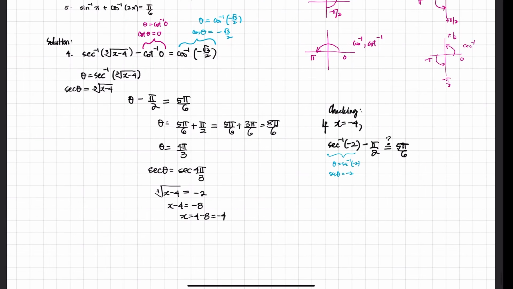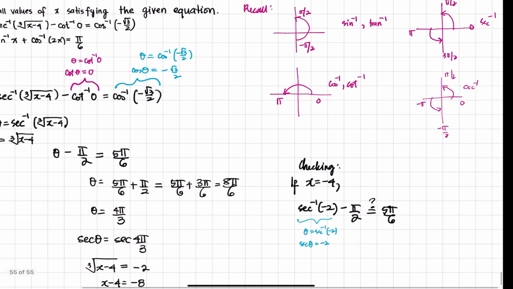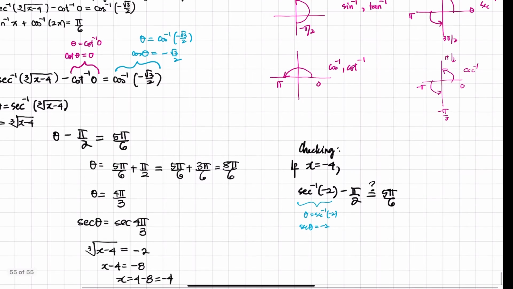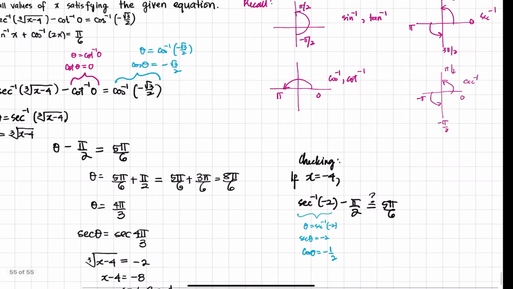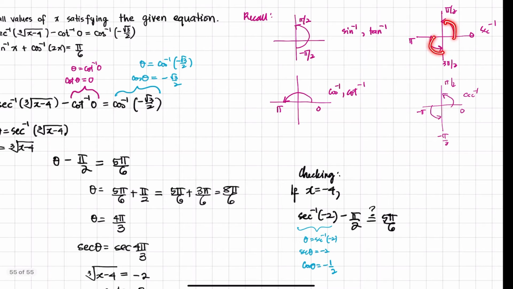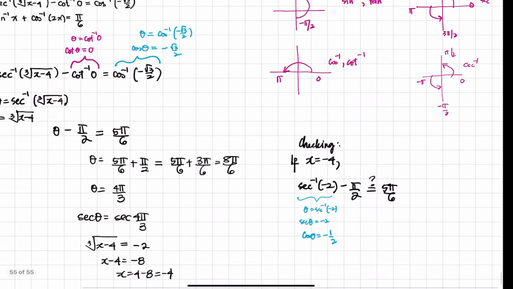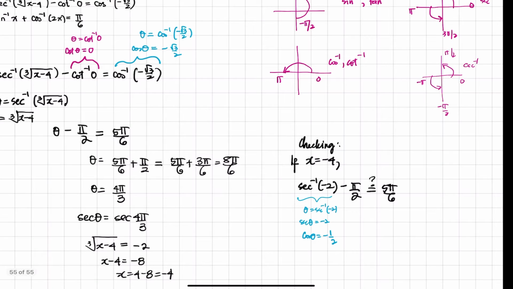Tapos, ano restriction ng secant? So, dapat nandito lang tayo, no? Okay. So, ano kayang value niyan? O sige, gawin yung cosine. So, anong theta between these intervals will make cosine negative 1/2? So, that is a multiple of pi over 6. Tama ba?